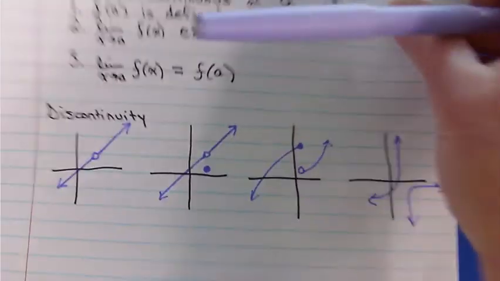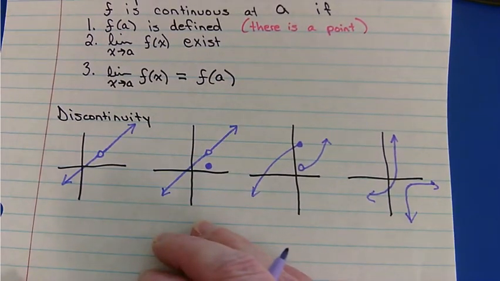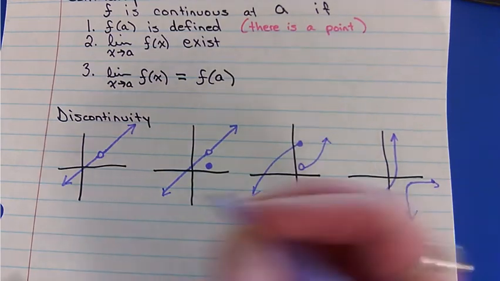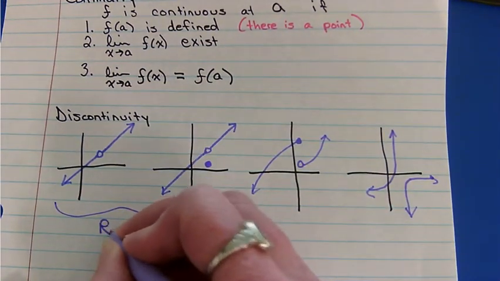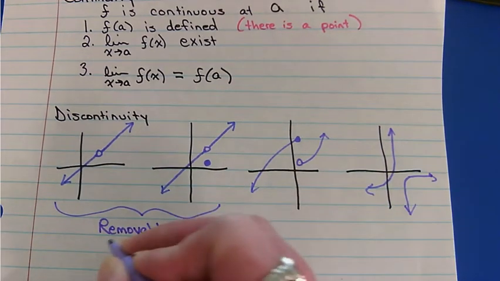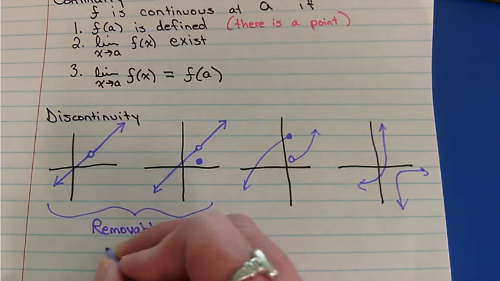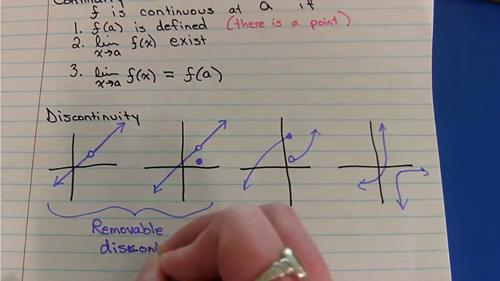So let's think about these types of discontinuity. These two are very, very similar because it has a hole. These are called removable discontinuity. Oh, I can't spell continuity.